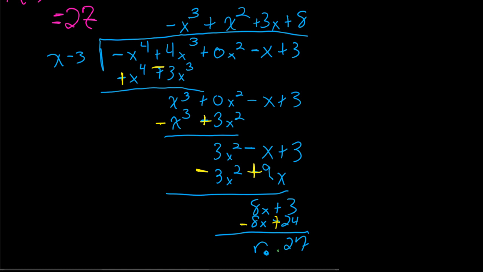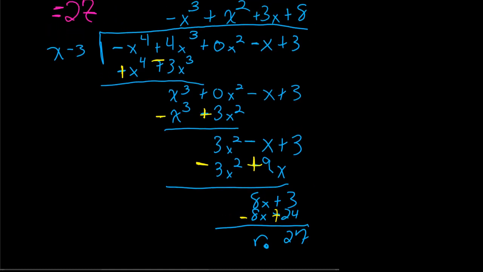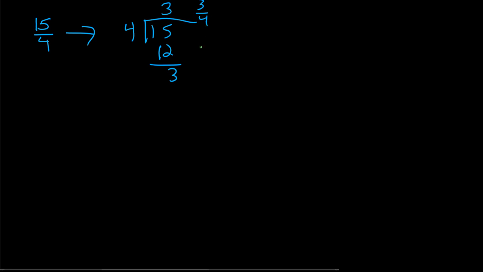Well, what's really, really nice, let's come down here, is if I have 15 divided by 4, 4 goes into 15 3 times, multiply across, and I get 3. And so I have 3/4. Right?